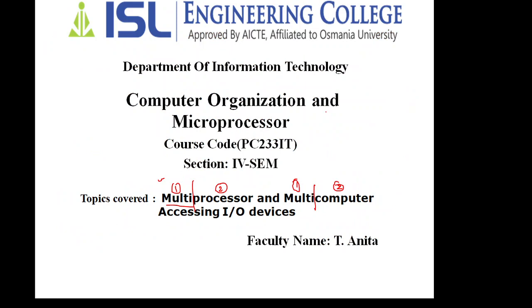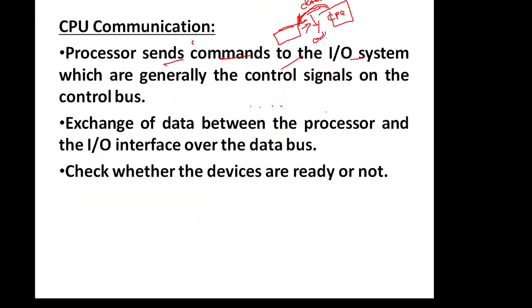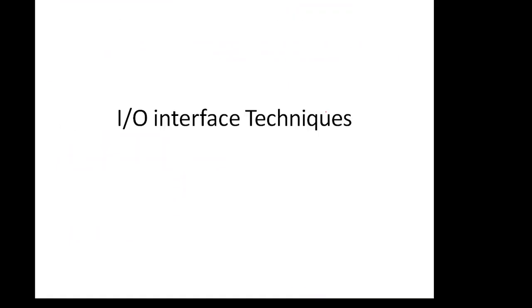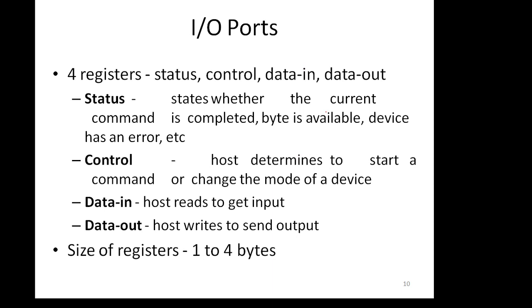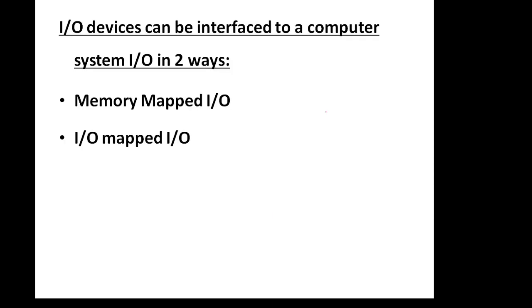How we are going to access I/O devices is the major important thing. There are majorly two techniques. I/O devices can be interfaced to a computer system in two ways. The first one is memory mapped I/O, and the second one is I/O mapped I/O.